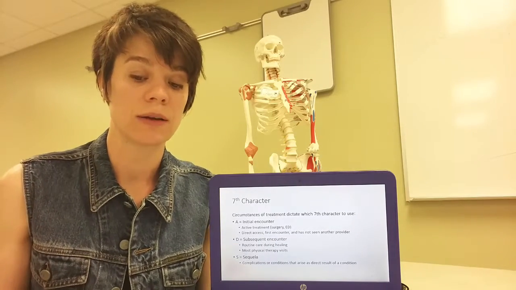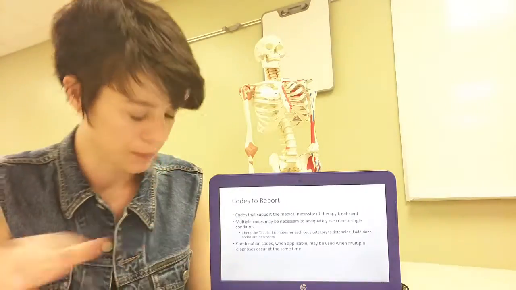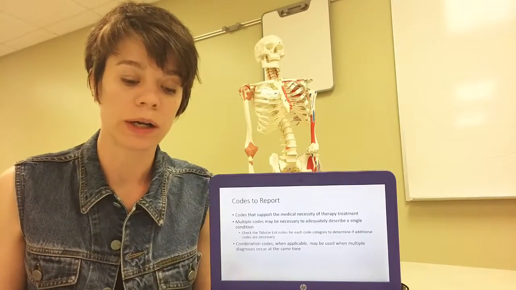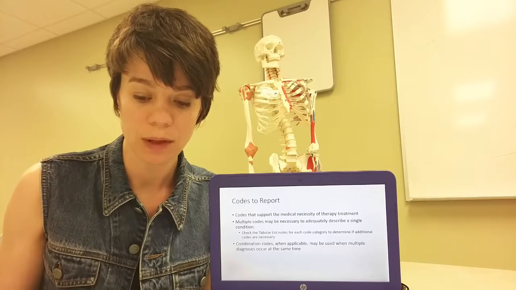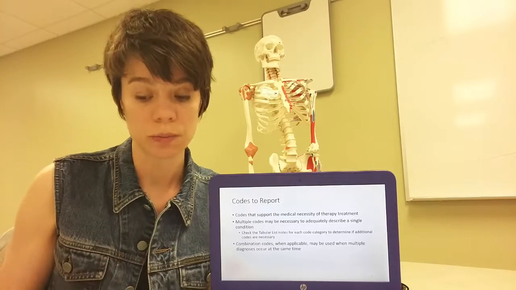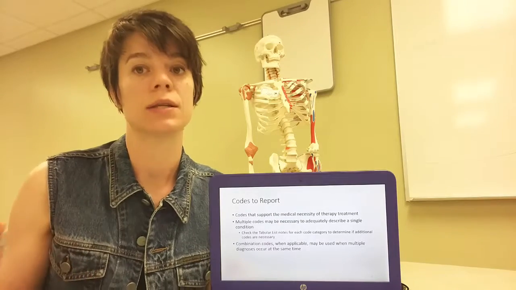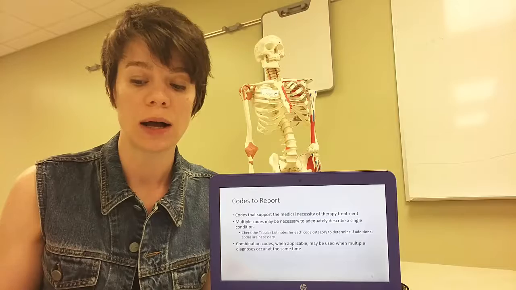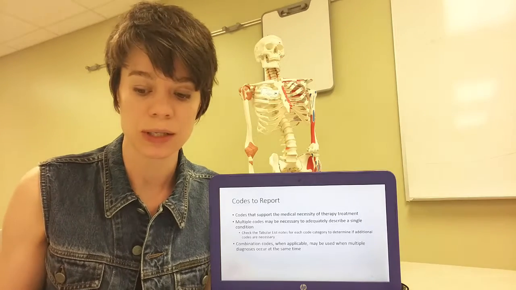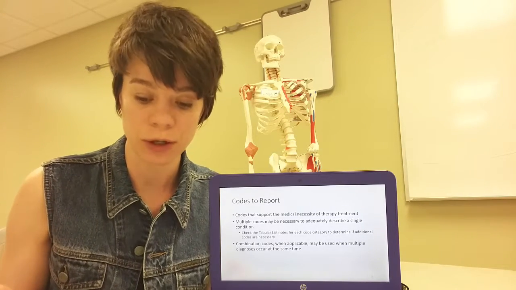Here's more information on the 7th character if you're interested. So what codes are reported? Codes that support the medical necessity of therapy treatment. You may need to use multiple codes. Again, check the tabular list for instructions for specific codes. There might be multiple diagnoses, and you want to report the primary one first.